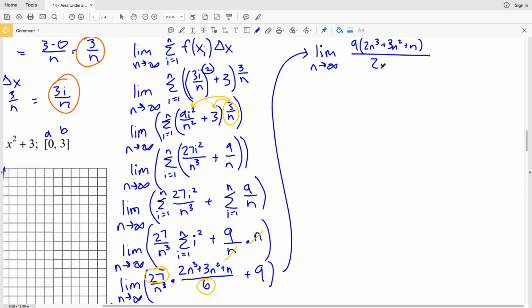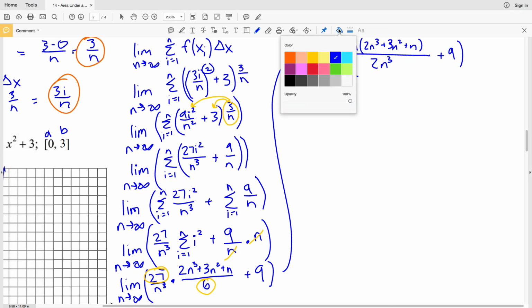So that's 2n cubed. So again, what I did, I knew that 27 and 6 were both divisible by 3. 27 divided by 3 was this 9, and 6 divided by 3 was this 2. And that will get added to 9.